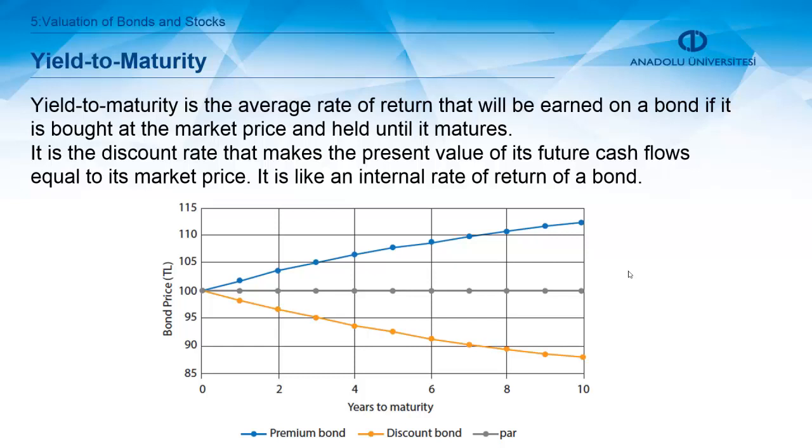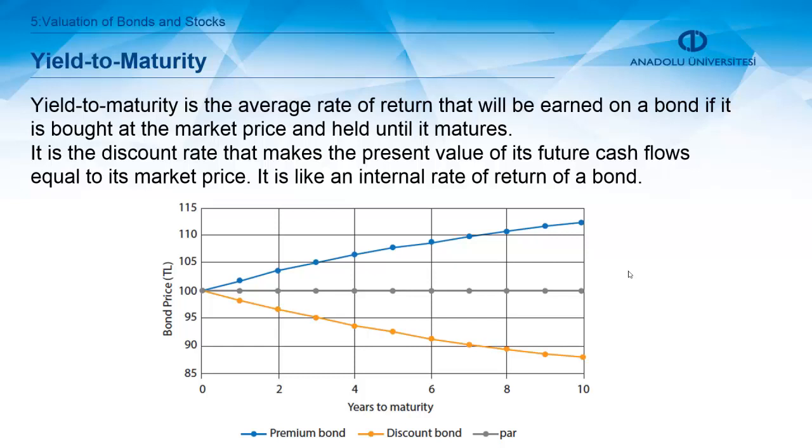So in this figure we see the gray line here. This is the par value, and if we have a bond price bigger than par, then we call it a premium bond, and if it is less than par value, we call it a discount bond.